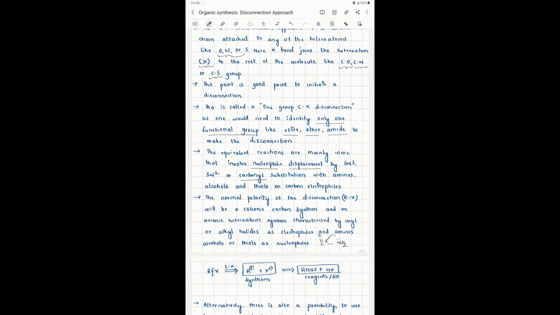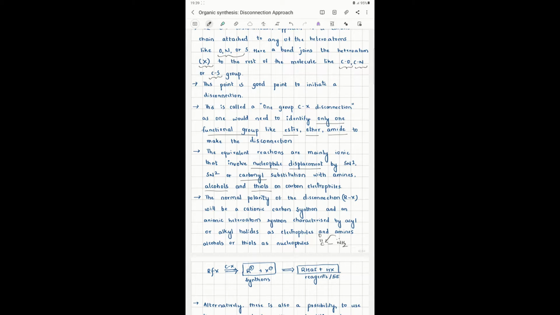This is also true when there is an alcohol system, thiol system or a carbon electrophile system. In this case, the carbon is going to act as an electrophilic system. In C single bond O, C single bond N or C single bond S, oxygen, nitrogen and sulfur are going to carry a negative charge, so obviously carbon is going to carry a positive charge, which leads that system to be electrophilic.